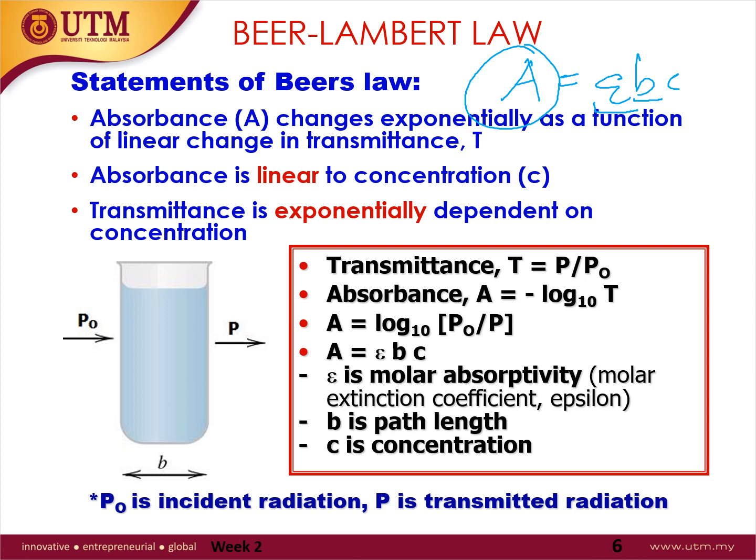What is path length? And c is linear to concentration. That means the higher the absorbance you see in the UV meter, for example, it indicates higher concentration.